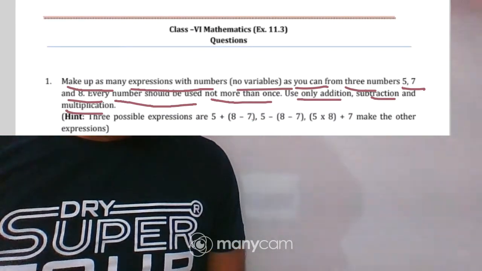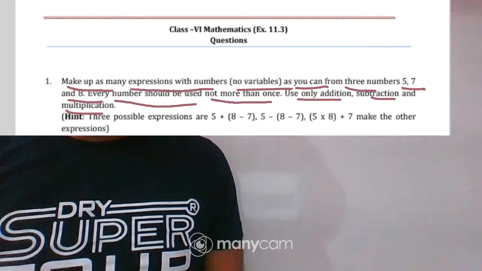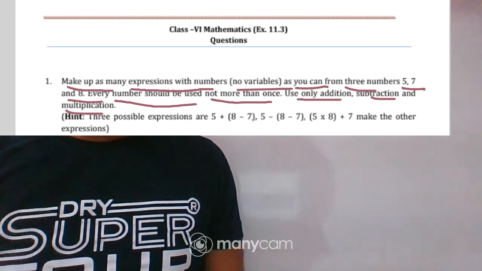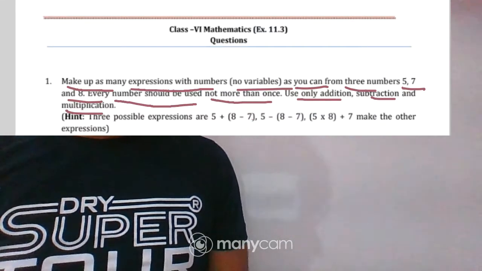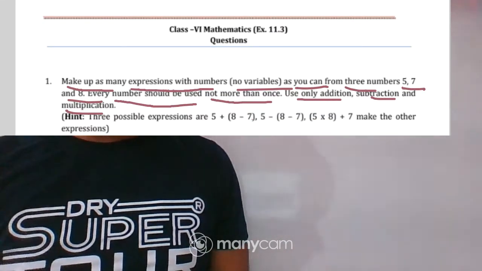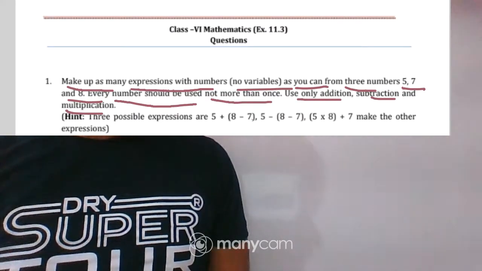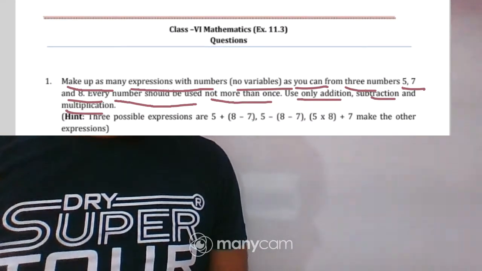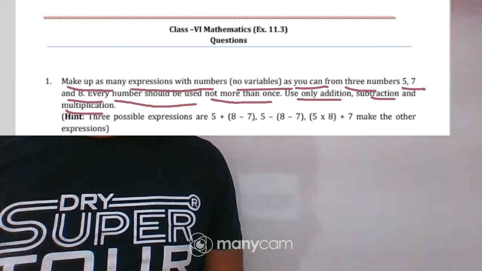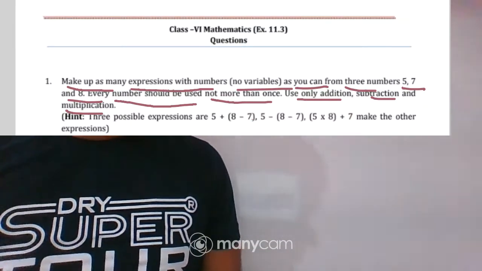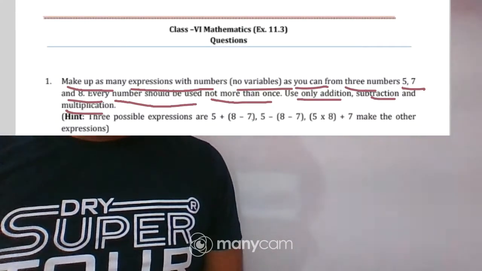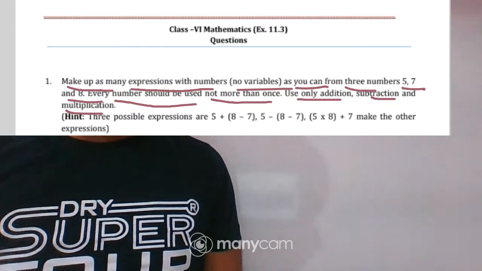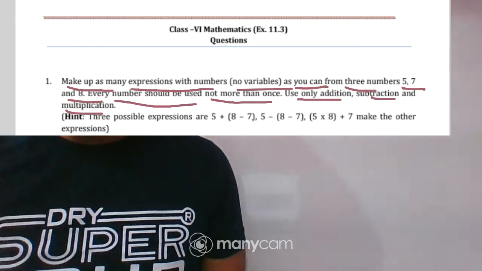So students, you can see the given numbers are 5, 7 and 8, and the given arithmetic operations are addition, subtraction and multiplication. It is not allowed to use any variables, but we can make many expressions. So all possible expressions for the given constants 5, 7 and 8 are here.